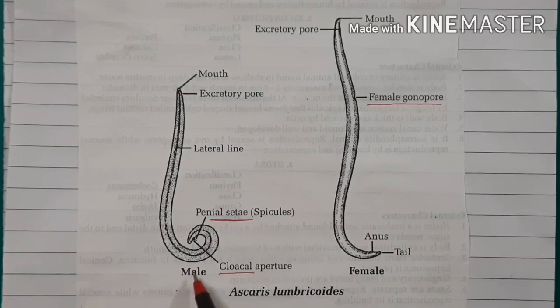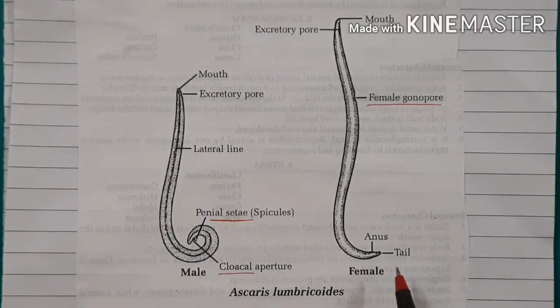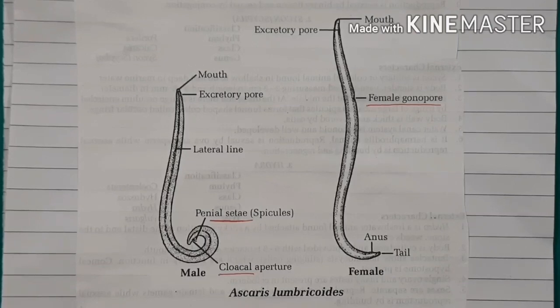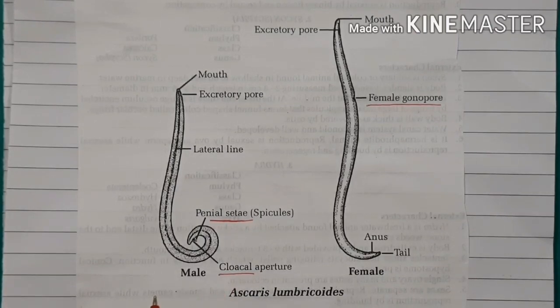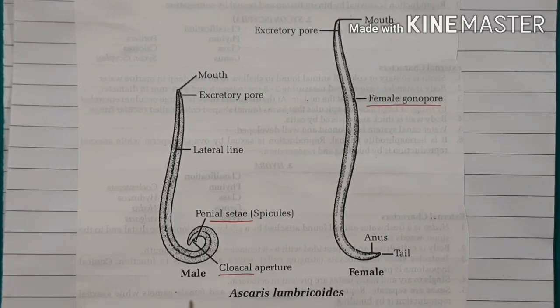In male Ascaris, the posterior end consists of the penial setae, while in female Ascaris, the penial setae are absent. This is the difference between the sexual characters of male and female Ascaris.